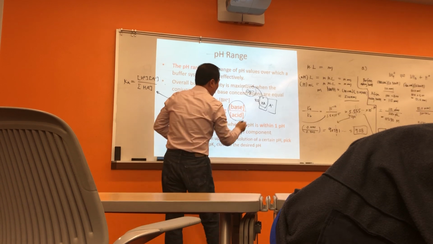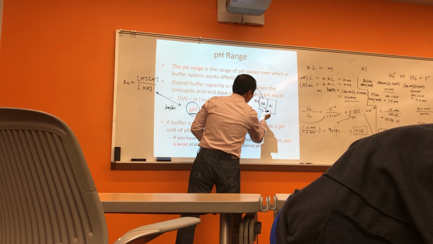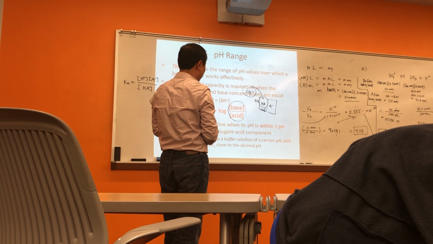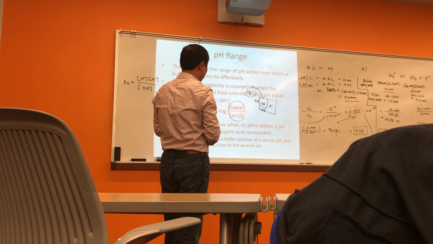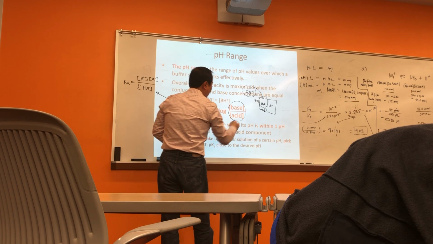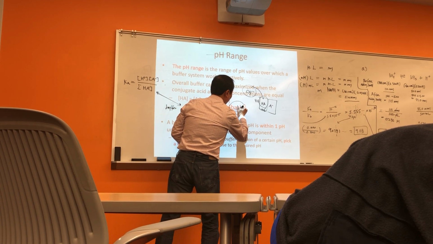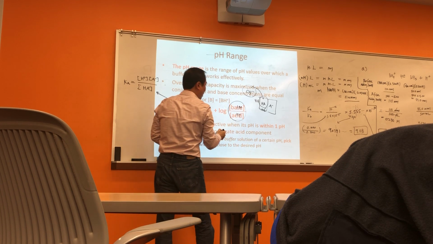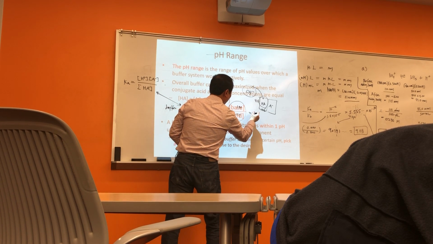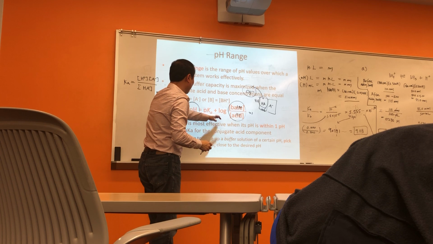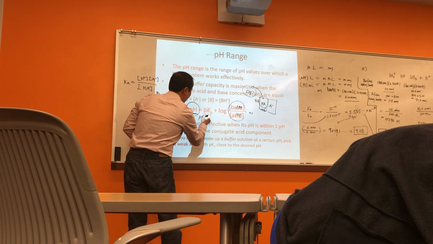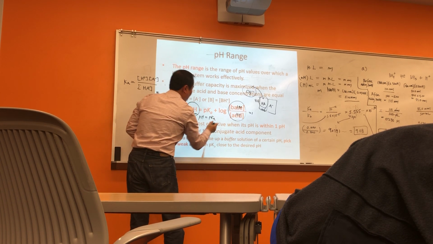That means you have around 10% remaining here, right? When this was equal amount, this is supposed to be just 1. If you have 1 mole, equal amount, that's supposed to be 1. And log 1 is 0. Okay? Then the pH is at around the pKa.